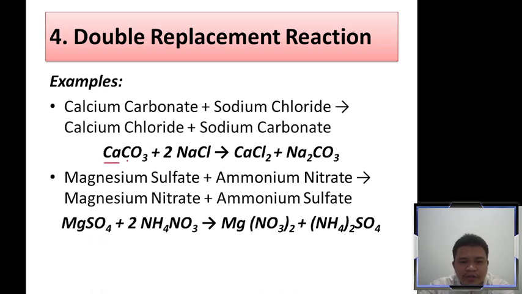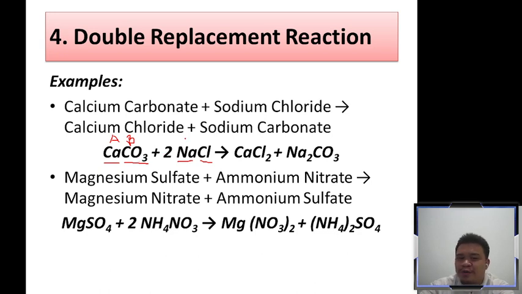This is calcium and this is carbonate. In case you don't know what carbonate is, you check your periodic table of elements and check the polyatomic ions. Carbonate is one of them. Okay? And NaCl. Let's label this as A. Let's label this as B. We will take carbonate as a single entity since it's a polyatomic ion.